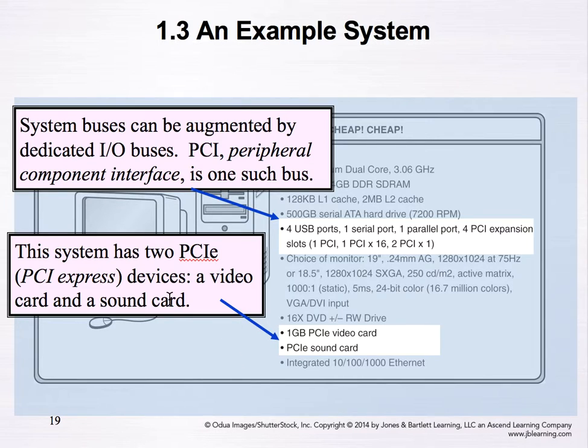We also see that the system has two PCIe, which is the PCI Express device. That basically allows the system to connect to the video card and also the sound card for display and for making sound in the speaker.